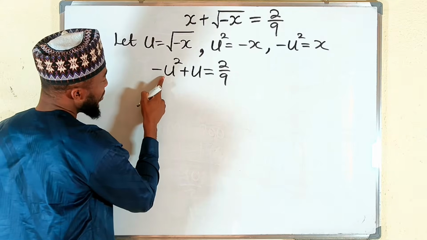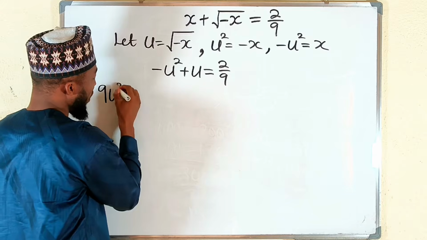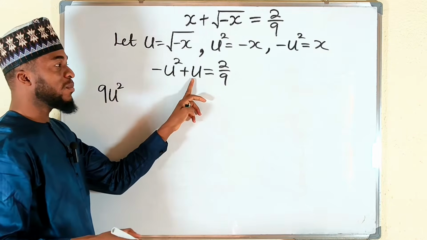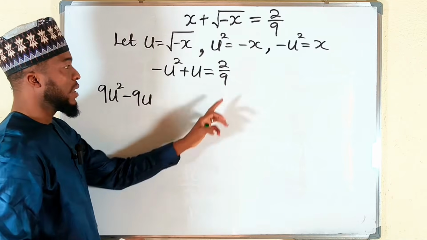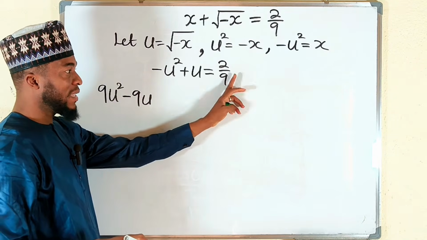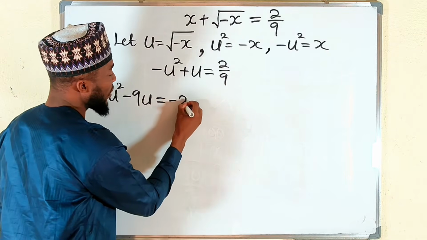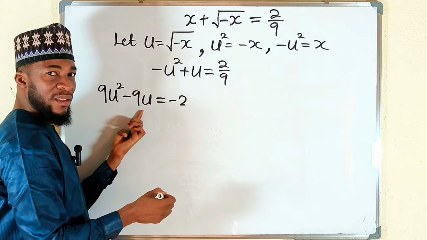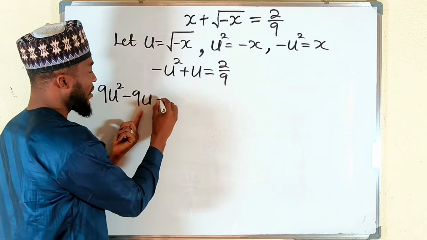If I multiply this by minus 9, it becomes plus 9u squared. If I multiply this by minus 9, it becomes minus 9u. If I multiply this by minus 9, the 9 will cancel, the minus will affect the 2, so you have minus 2, but you can bring it inside, so it becomes positive 2. The right hand side will be 0, right?